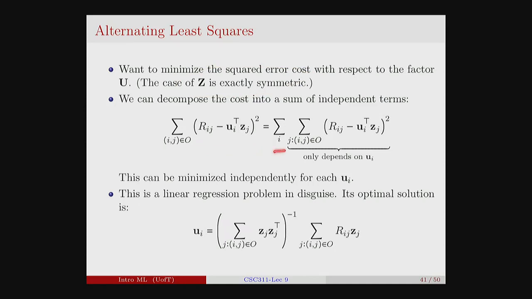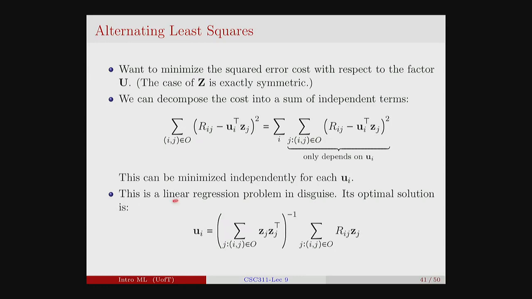We'll first distribute this over each of the rows of the rating matrix, and for each of the rows of the rating matrix, we only care about minimizing over the j entries in the observed columns. And so this, for every single row of the matrix, only depends on a single term u_i. And so what we can do is solve n different regression problems simultaneously, or in parallel.